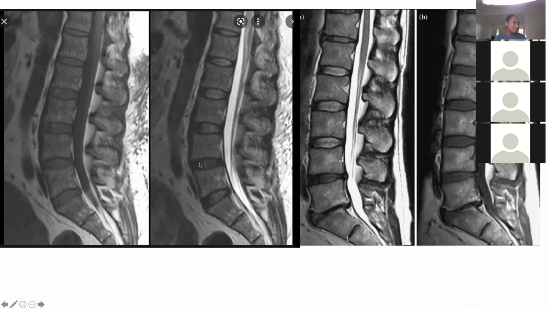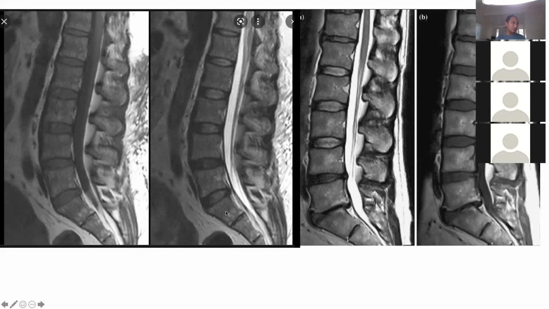So if we look at these first two lumbar spine MRI scans, this is a sagittal section. There are 5 vertebrae in the lumbar spine. If we don't know how to count, we have to check the sacrum. In this MRI scan, this might be the uppermost sacrum 1.